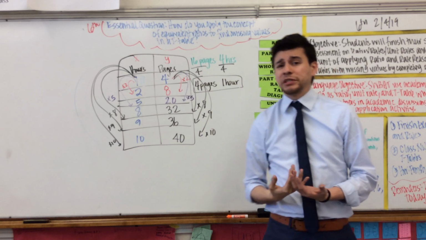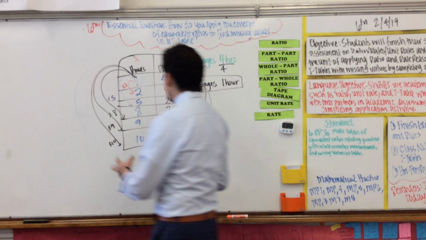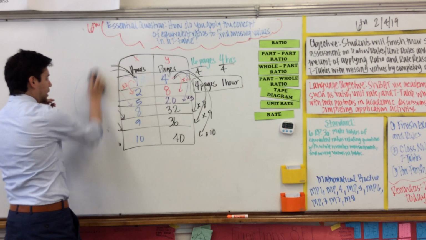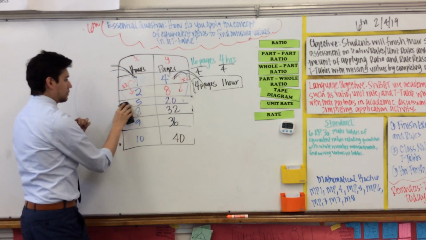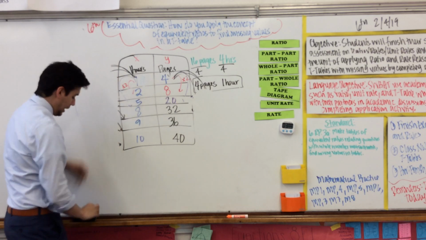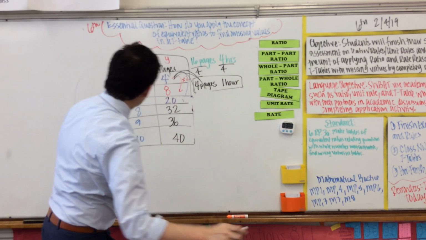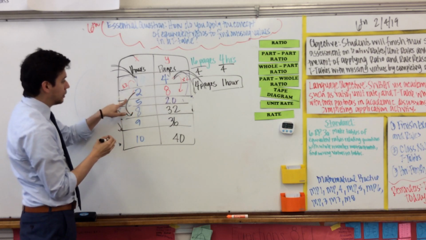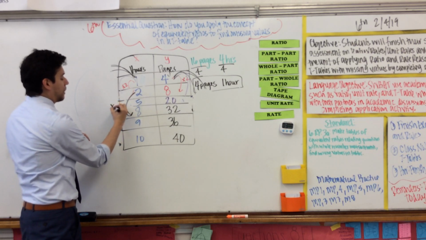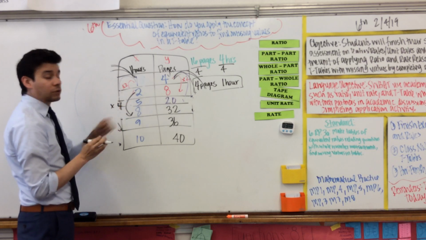There's other fast ways you could have solved this, right? You don't always have to start with 1. Sometimes you could look at other patterns. For example, I could have gone from 2 to 8 directly. I could have done that by multiplying by 4. 2 times 4 is 8.